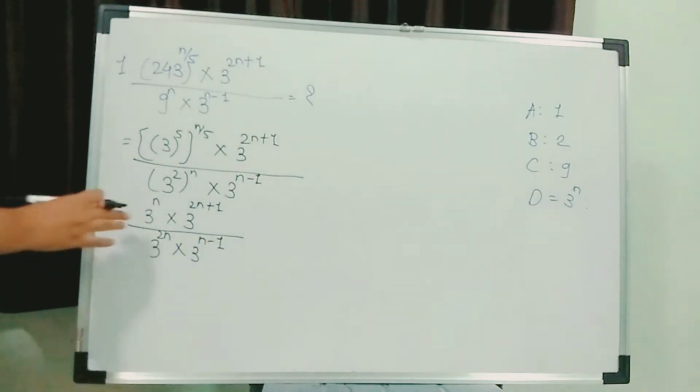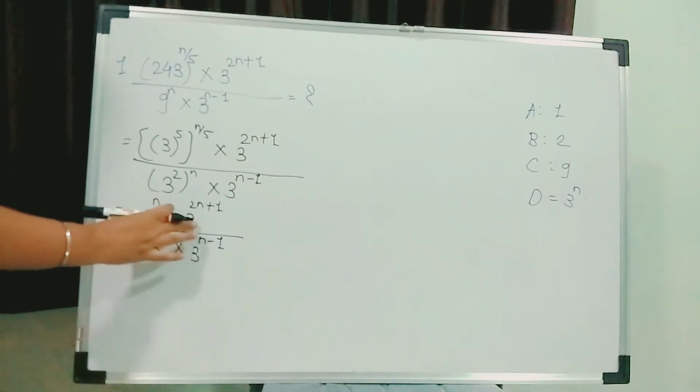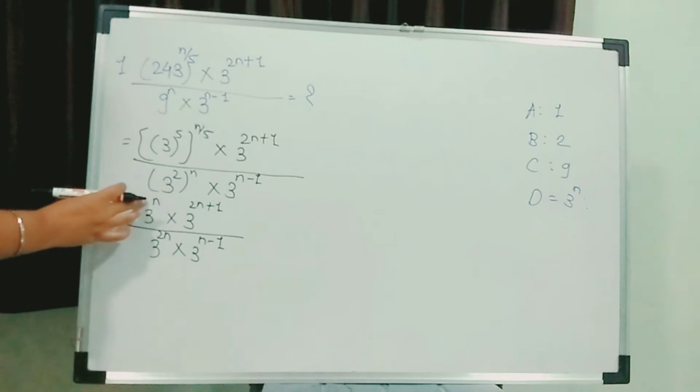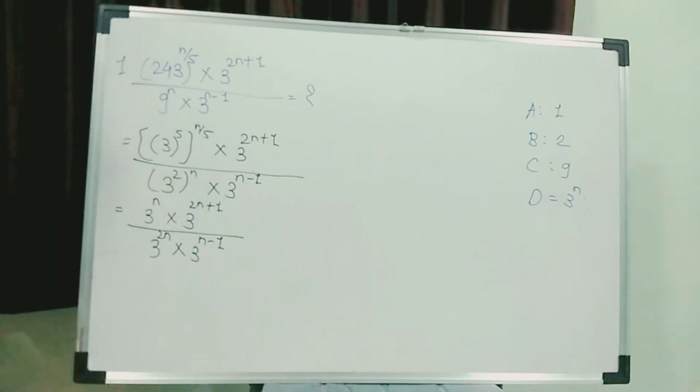Now, if there is a multiplication and base is same, then we have to add these indices, and if there is a division, then we have to subtract the indices. This is the law of indices. Okay.